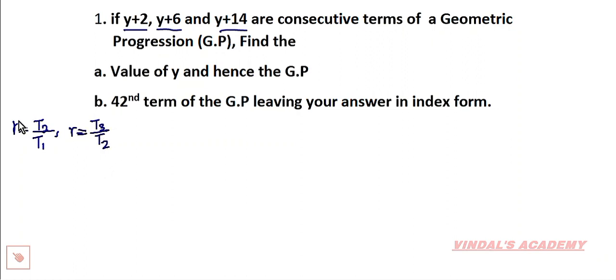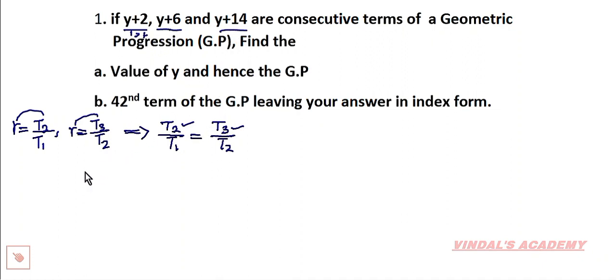Now, if R is equal to this and this R is equal to this, it implies that by common sense T2 all over T1 is going to be equal to T3 over T2. Now, what is the meaning of this T2 and T3 and all the rest of them? This is first term, this is second term, and this is third term.